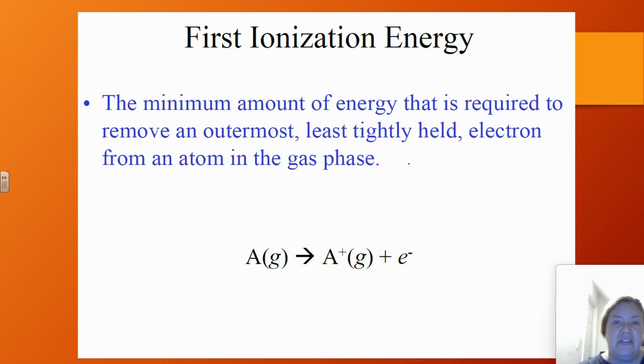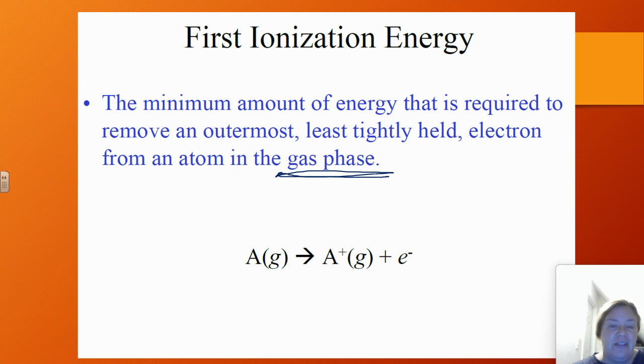Okay, let's go to first ionization energy. Ionization energy is the energy required to remove an outermost, least tightly held electron from an atom. Now, this says in the gas phase. Obviously, not all electrons are in the gas phase, but when we study atoms, most of the time we put them in the gas phase because atoms are easiest to study that way.